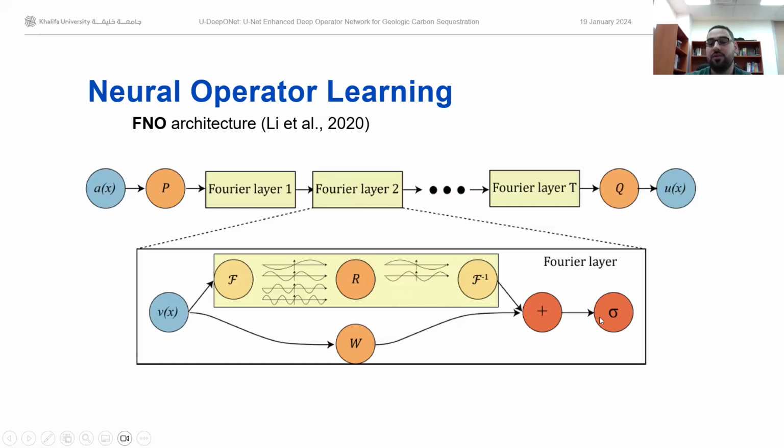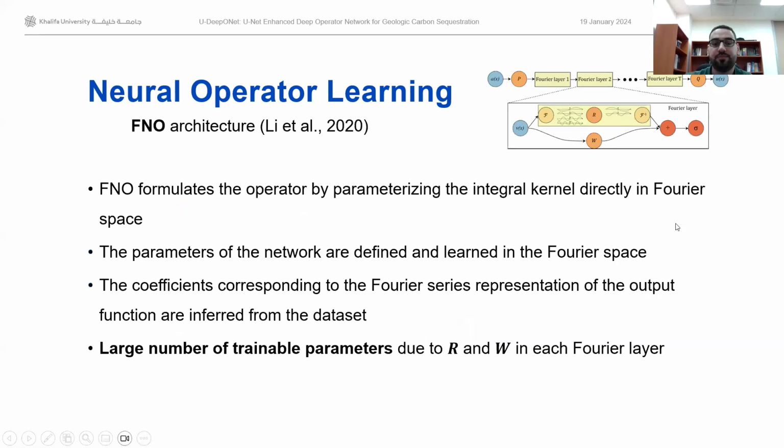Then the sum of these two is passed through an activation function. You build these Fourier blocks consecutively, and then you have the Q, which is also another shallow neural network that maps the Fourier output to the solution space.